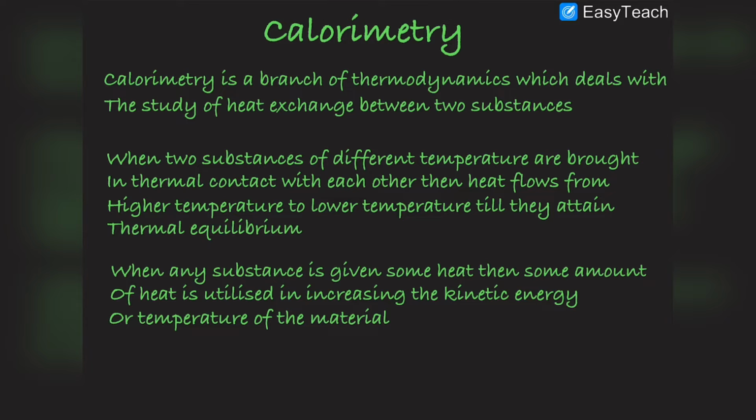Now when there are two substances at different temperatures and they are in thermal contact with each other, you know that heat will flow from higher temperature to lower temperature till they attain thermal equilibrium. Thermal equilibrium is the condition when the temperature of those two bodies is the same.